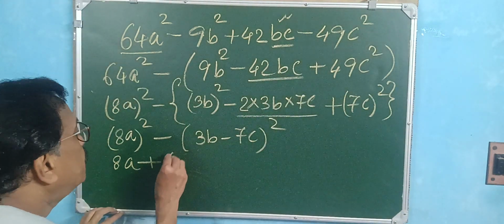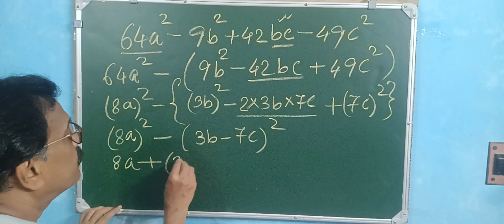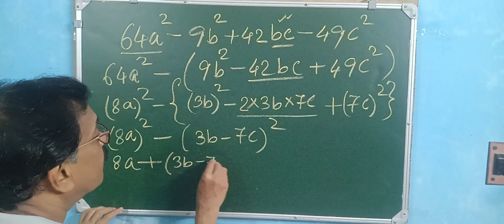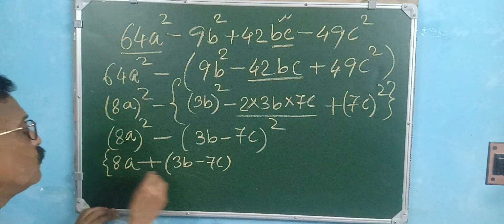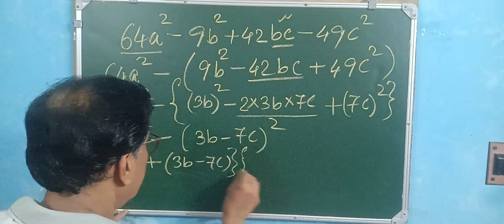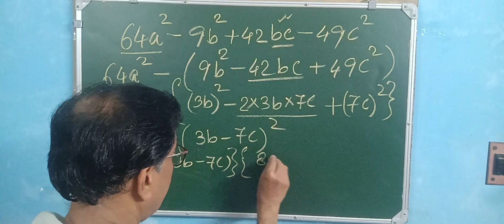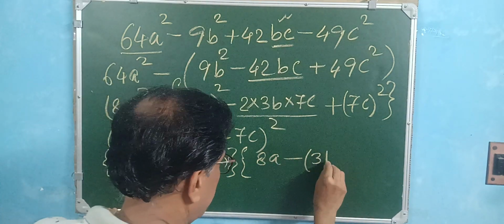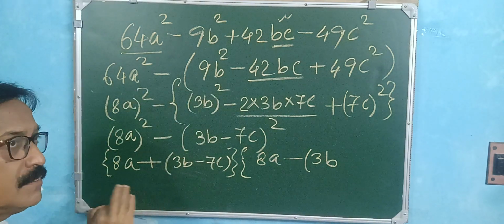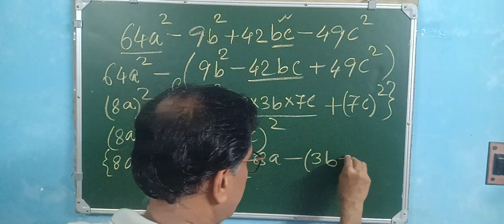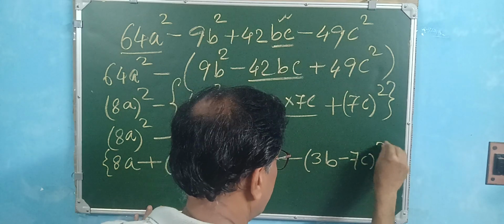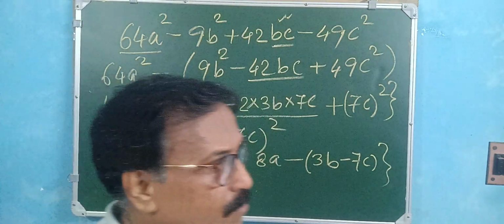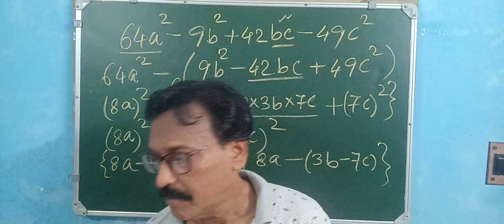So a plus b, second bracket use, no problem. So this is a minus b. In this way, you just solve the sum. There is no mistake in calculation. One time, maths will be right. Clear?